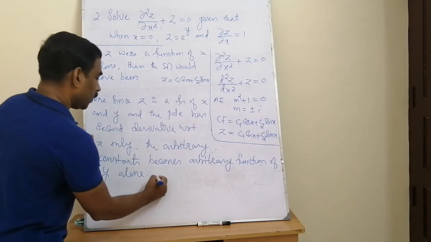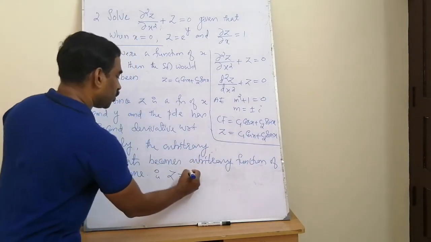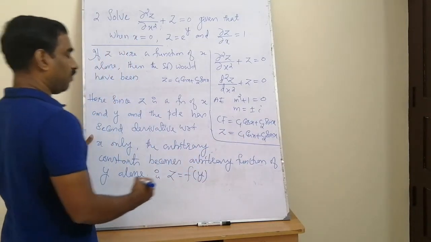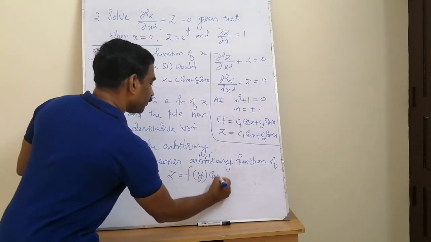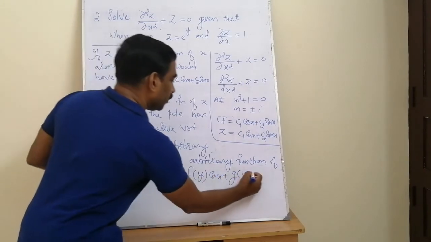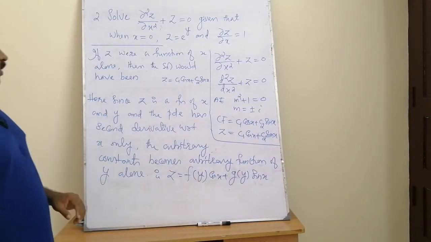That is, our required solution will be, replacing the first arbitrary constant by an arbitrary function of y, z is equal to f of y cos x plus another arbitrary function of y, g of y, into sin x. So that will be the general solution.